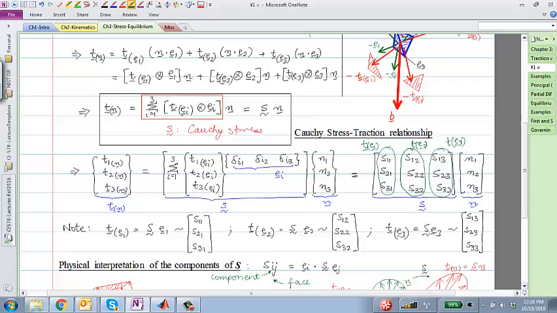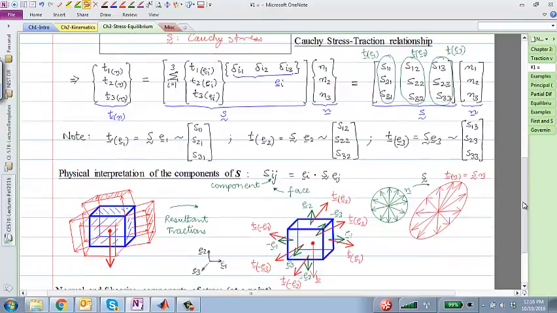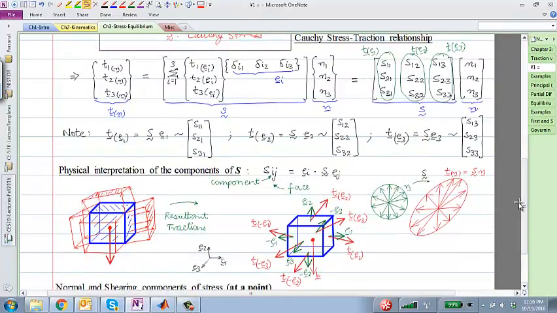That's what a stress tensor does. It correlates the tractions at a point inside a body in any arbitrary direction, and the columns of that stress tensor matrix give me the tractions on E1, E2, E3.